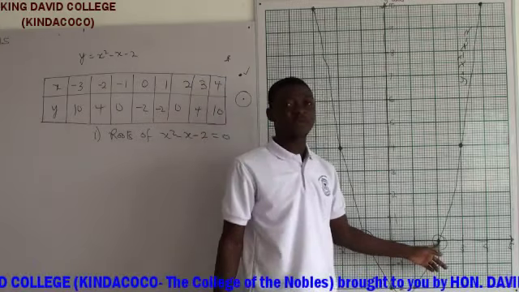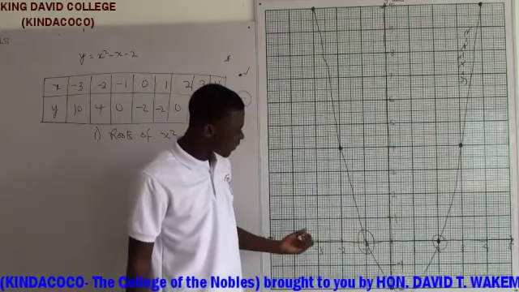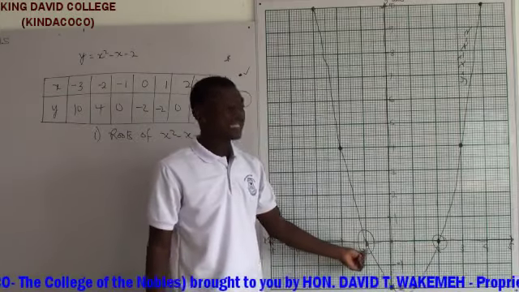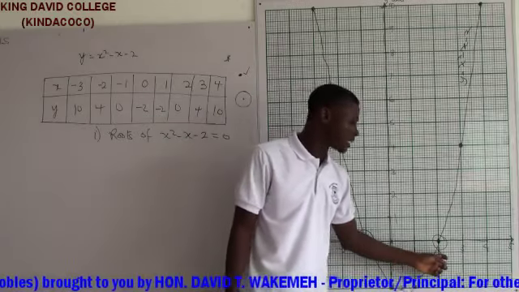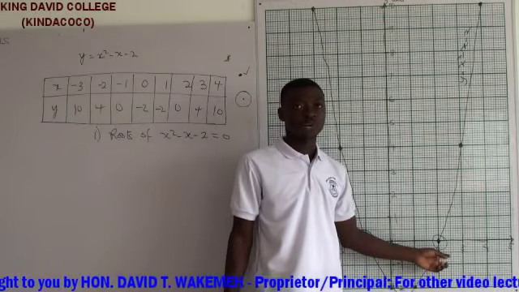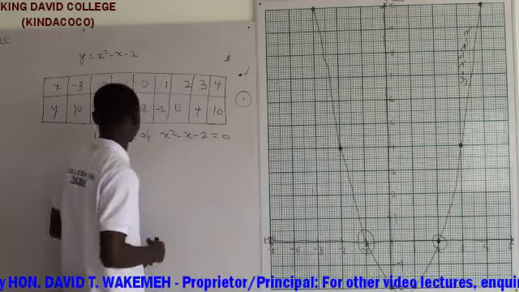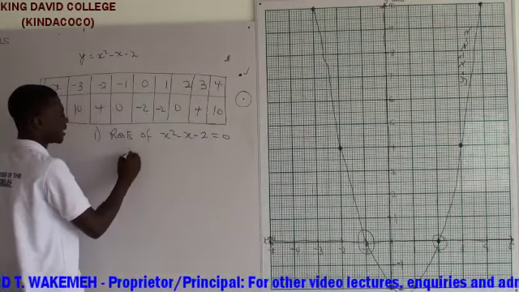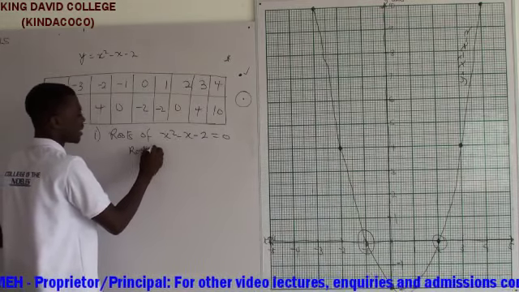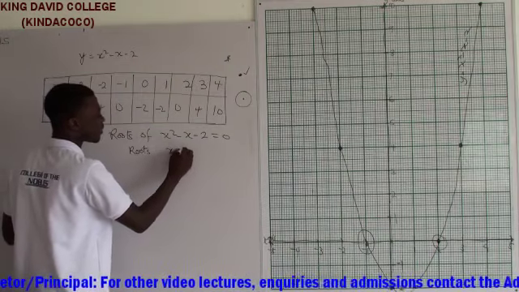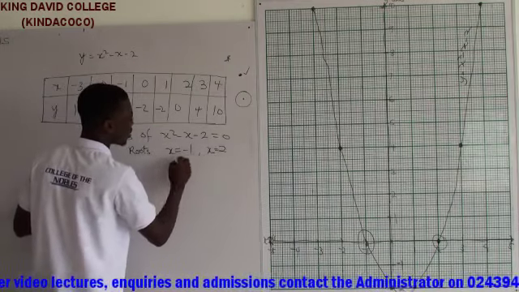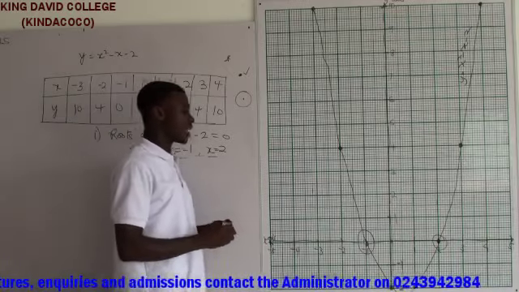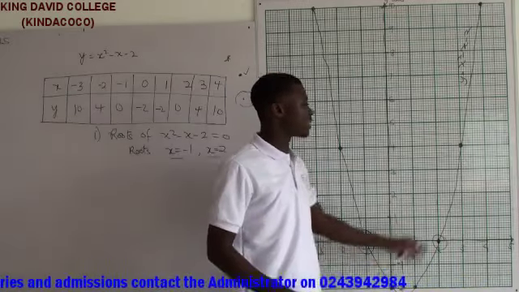This one is cutting at -1, and here it's cutting at 2. So the roots of my equation are x is equal to -1 and x is equal to 2. Those are the 2 places where this graph cuts the x-axis.